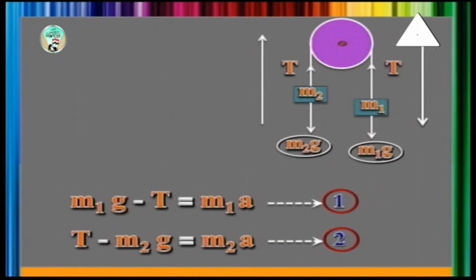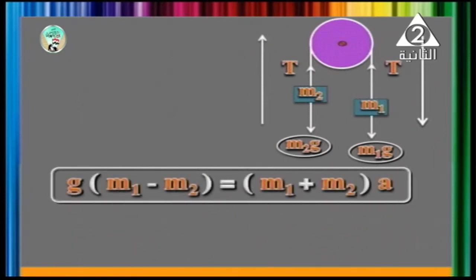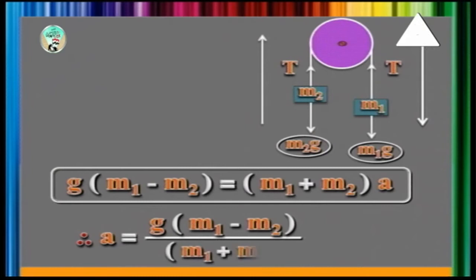Therefore, my dear students, by using addition, we deduce that G multiplied by the bracket containing M1 minus M2 equals the bracket containing M1 plus M2 times acceleration A. Therefore, find the acceleration: A equals G multiplied by M1 minus M2 over M1 plus M2.